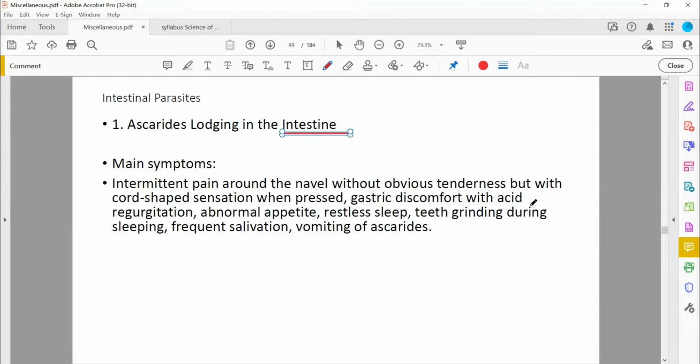Gastric discomfort with acid regurgitation, abnormal appetite, restless sleep, teeth grinding during sleeping, frequent salivation, vomiting of ascariasis.